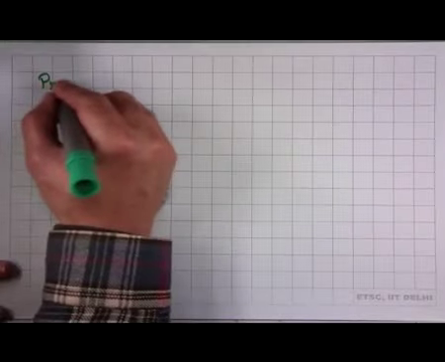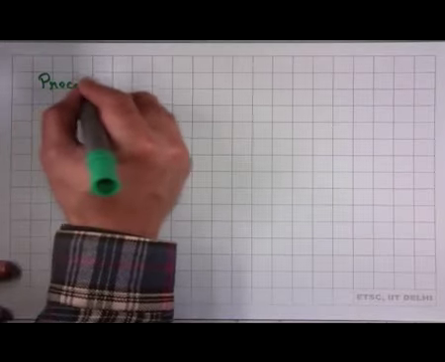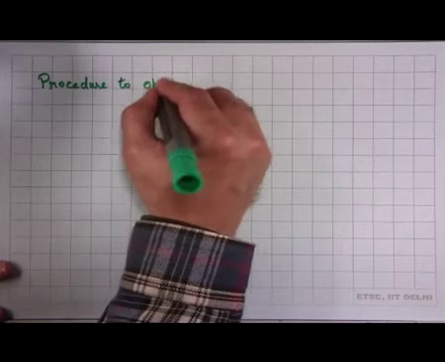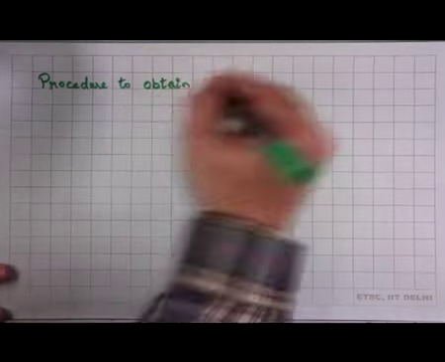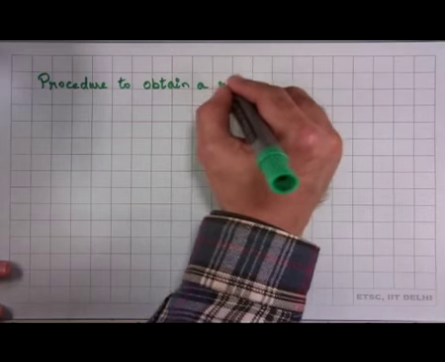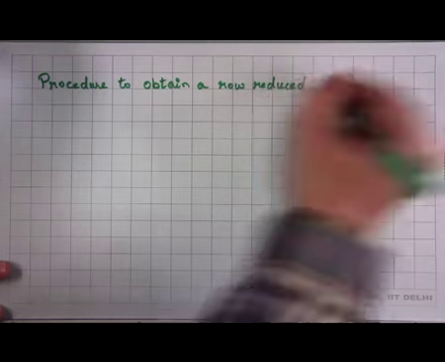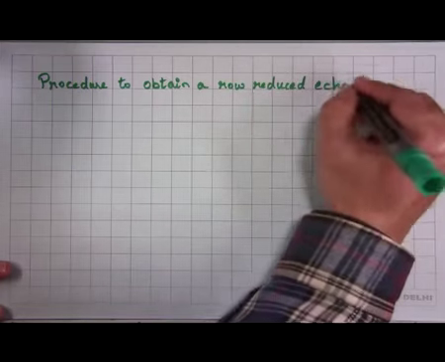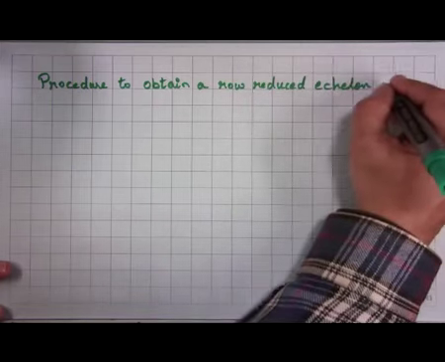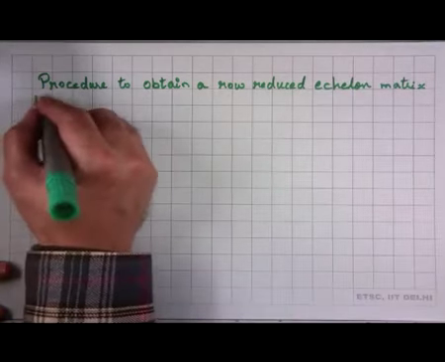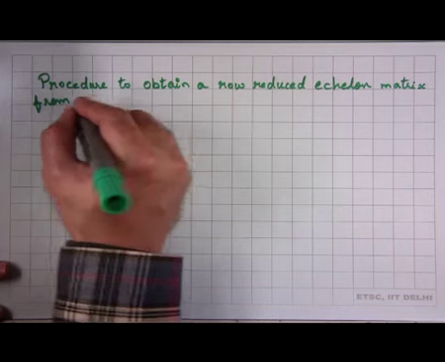So, procedure to obtain a row reduced echelon matrix from a given matrix.